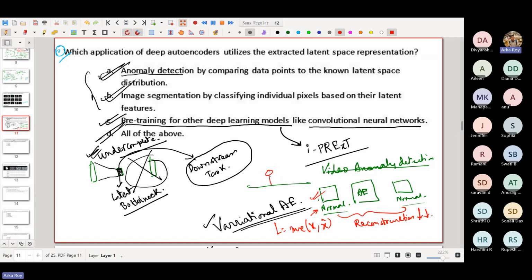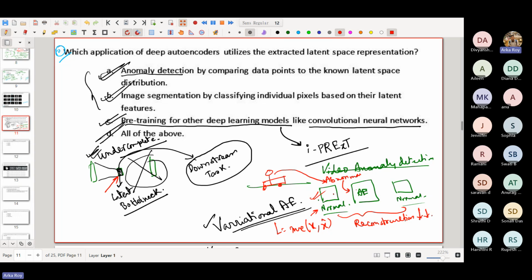So at the test time, let's say you feed a case where a person is riding a bike and doing some sort of traffic rule violation. Now, when you feed an abnormal event, your autoencoder model has extracted very good features for the normal data.